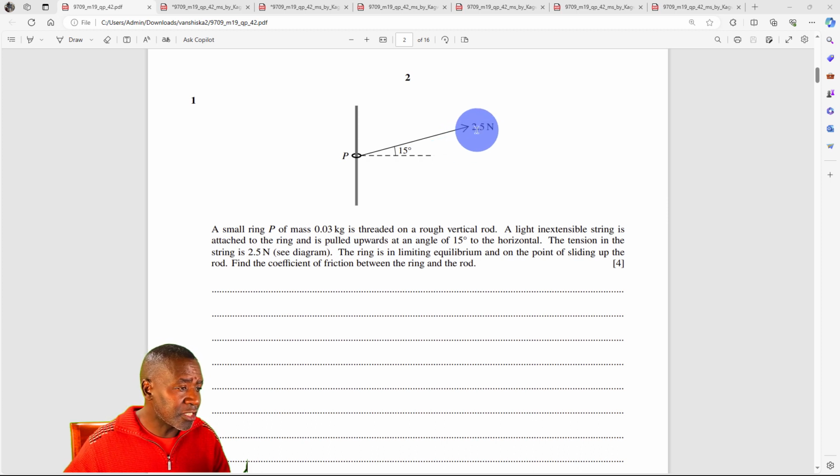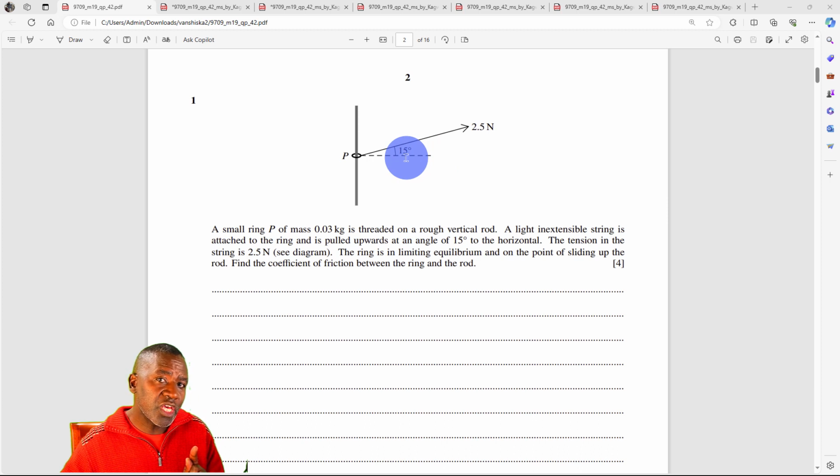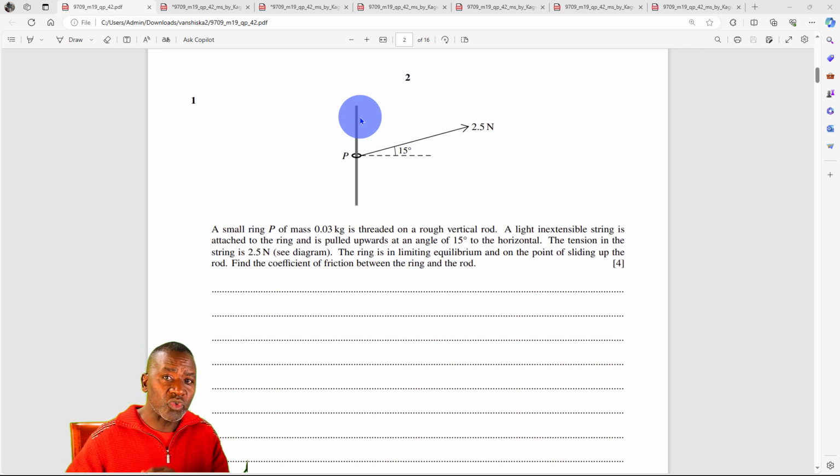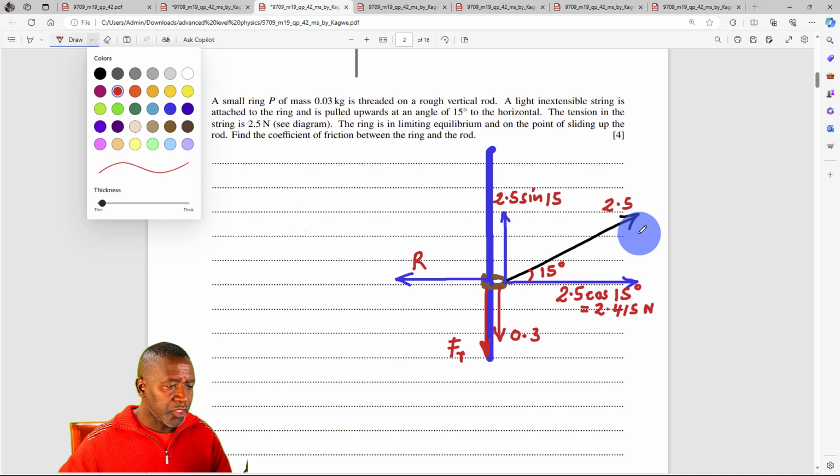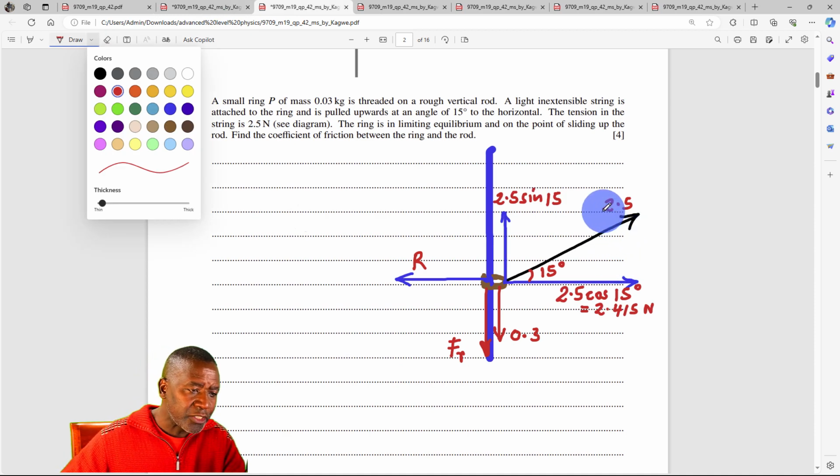Let's have a look at this force here, 2.5 newtons at an angle of 15 degrees to the horizontal. We are supposed to resolve it so that one of its components will be horizontal to the right, the other one will be vertically upwards. And remember, you always resolve a force twice, all the time. So let's see how I've been able to resolve these two forces. You go to this diagram here, and the 2.5 newton force is here.